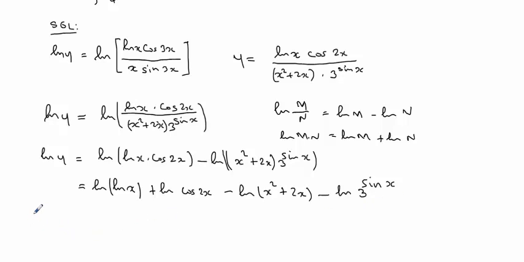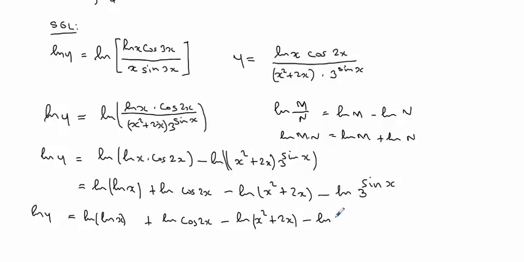So writing this, finally, I think we'll write this as ln y equals ln of ln x multiplied by ln cos 2x minus ln x squared plus 2x minus ln 3.